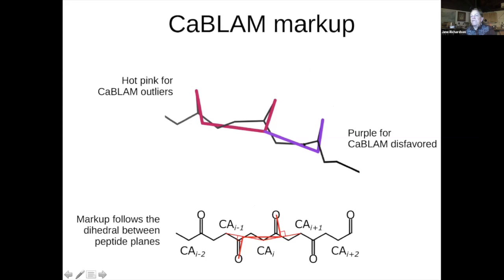But for instance, if you have a purple one next to a 1% outlier, then it probably means that the central carbonyl or the central peptide in here is what's wrong and what you need to rotate in order to fix the outlier.